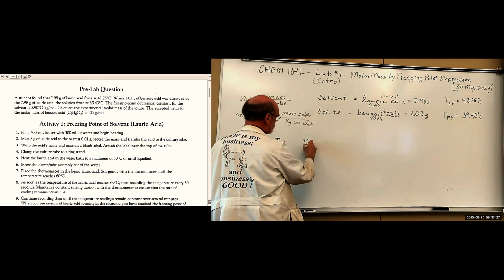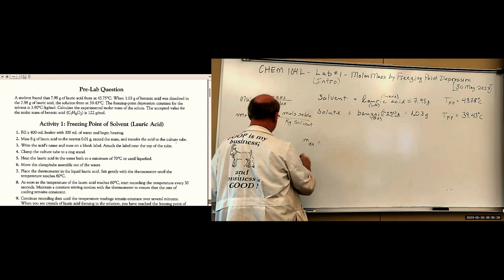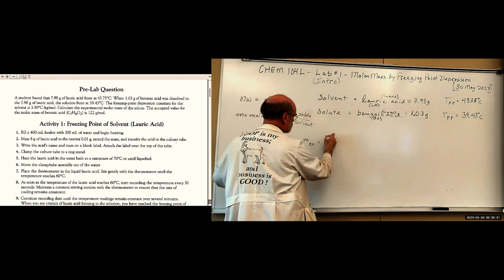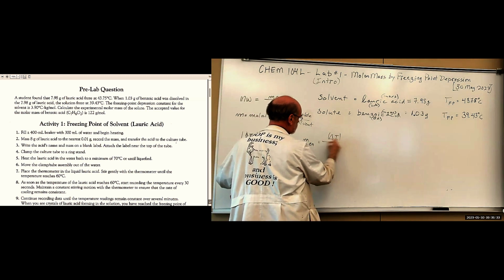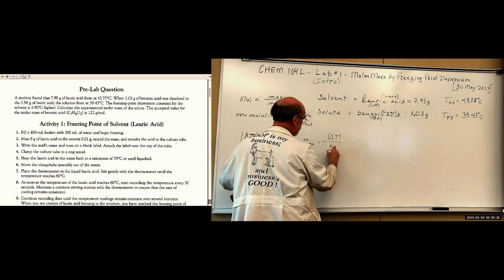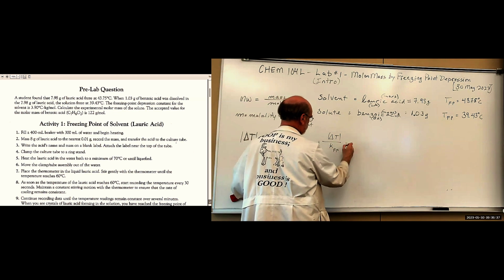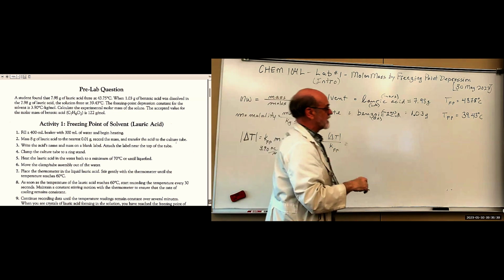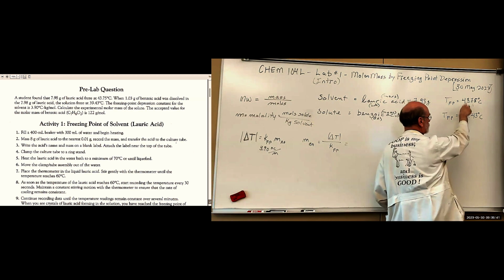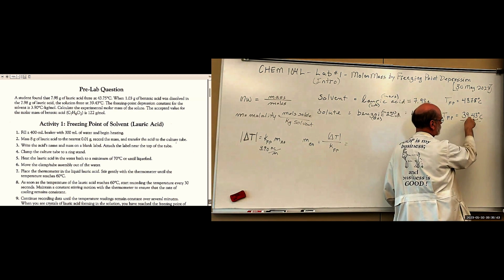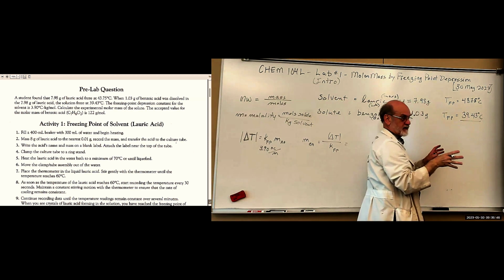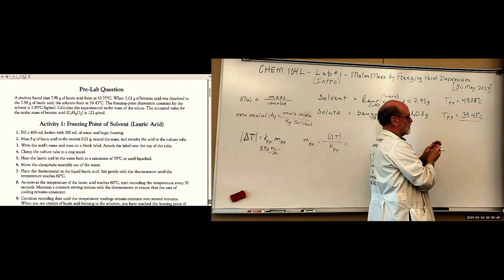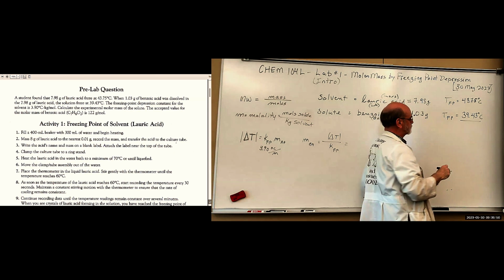The molality of benzoic acid in this solution is equal to change in temperature divided by the K value for the freezing point. So now, what's the change in temperature? Well, you subtract the two, right? If we subtract this one from that one, then we've already got a positive value, and that eliminates the problem of having to throw away the negative sign.